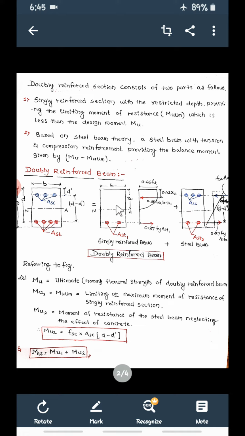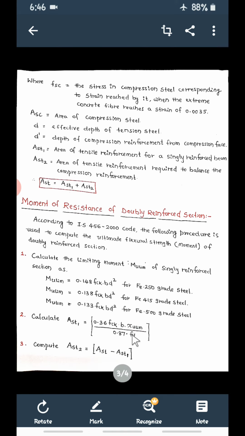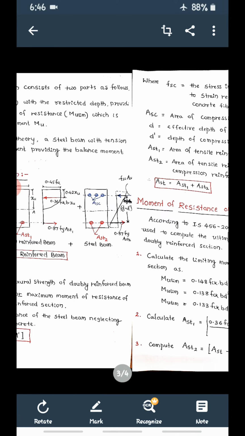So these two will form the moment. So 0.87 fy Ast1 is equal to 0.36 fck b into xu. So this is what xu.